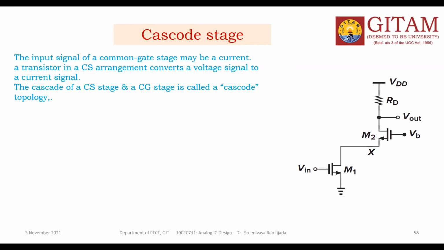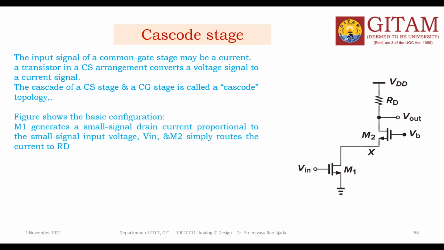The cascode configuration has many advantages compared to the single stage. The figure shows the basic configuration. M1 generates the small signal drain current, proportional to the input voltage Vin.